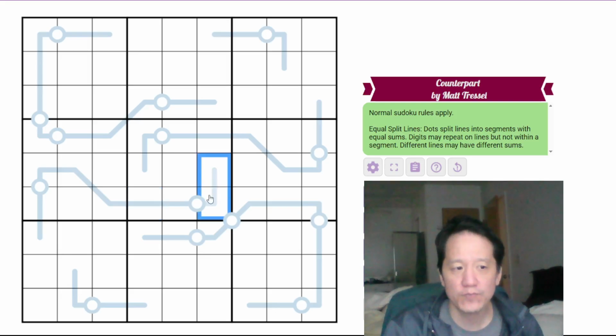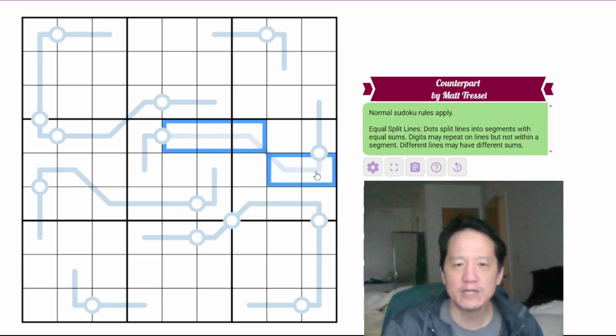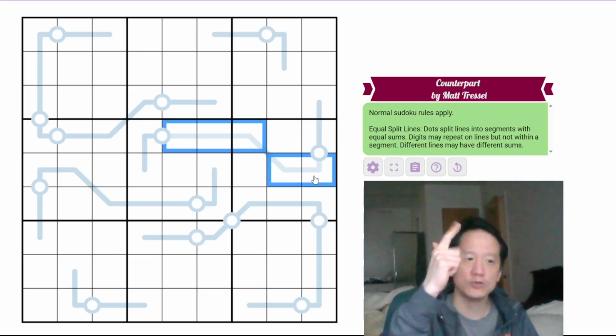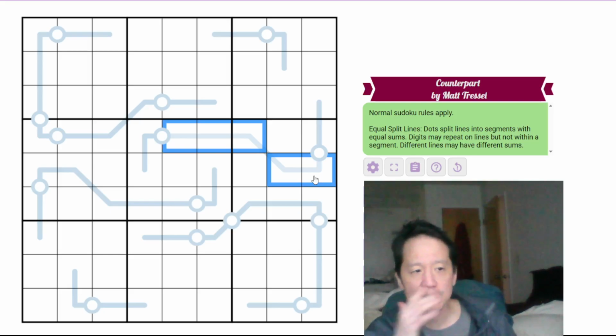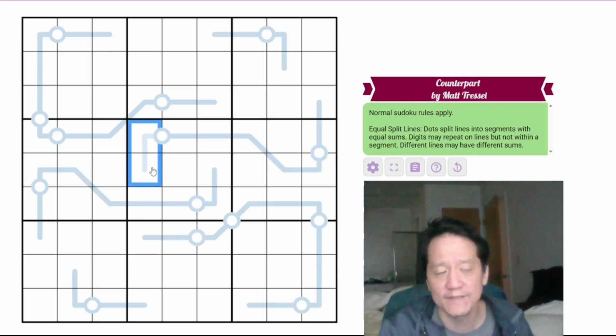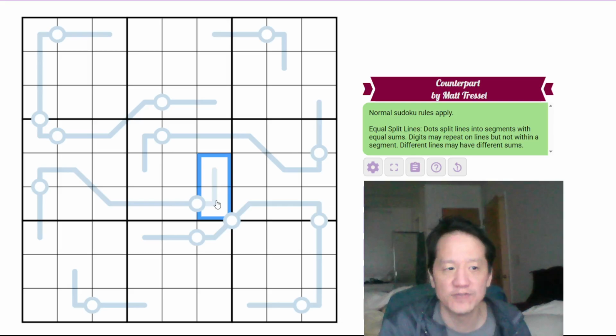Well, the problem is the minimum these 5 digits can be, since there are no repeats allowed on a segment, is 1, 2, 3, 4, and 5. That means these 2 digits must add up to at least 15. But these 2 digits must add up to at least 15.